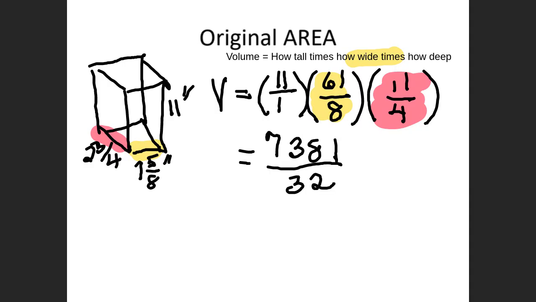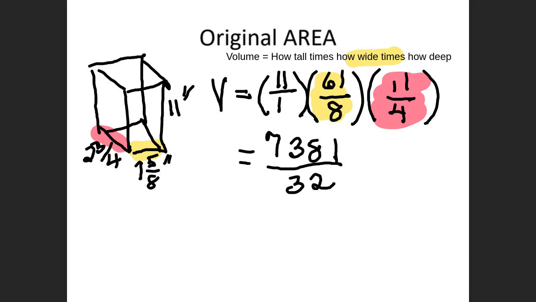Now, we're wanting a percent of change, which means we want a decimal because we need a multiplier to use.